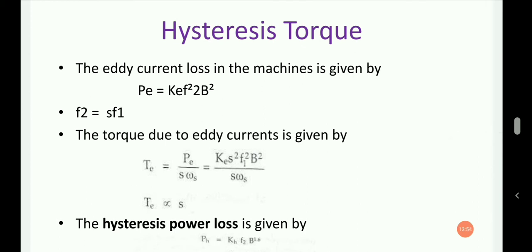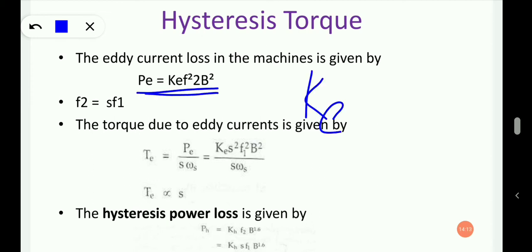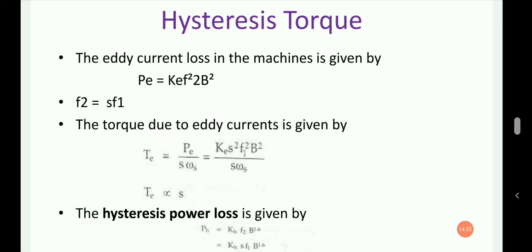Next is hysteresis torque. What is the equation of hysteresis torque in the hysteresis motor? The eddy current loss in the machine is given by P equals Ke into F2 square into B square, where Ke is the eddy current constant, F2 is the frequency of eddy currents, and B is flux density.